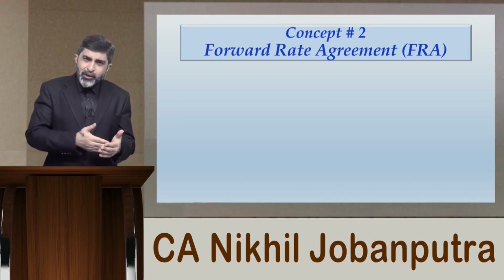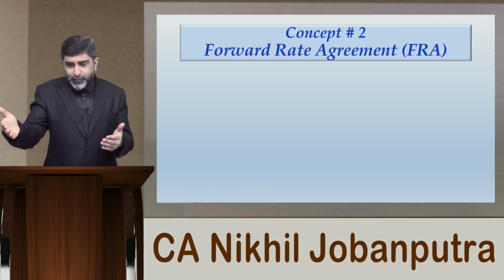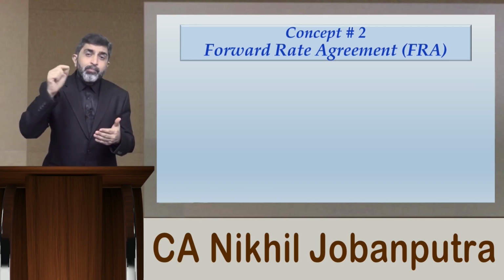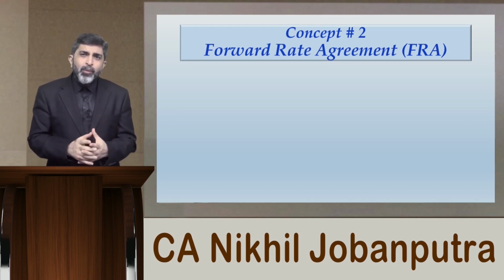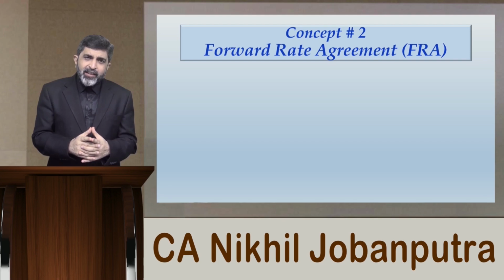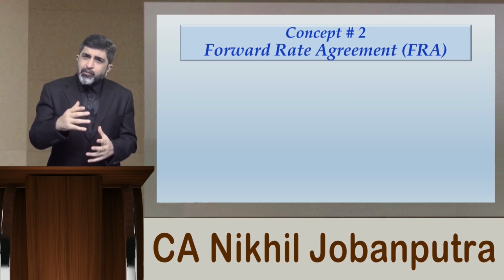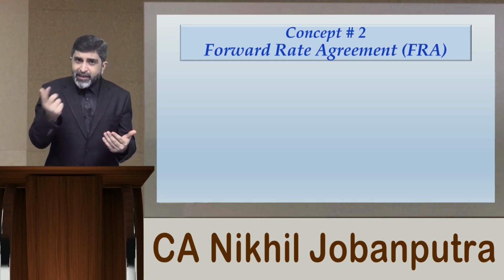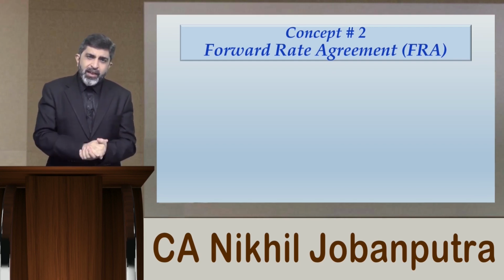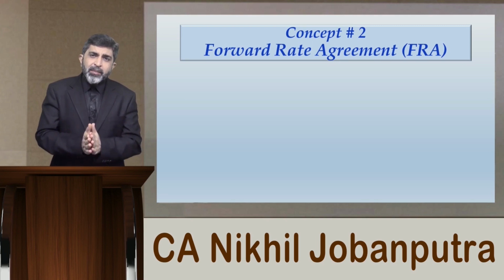It is an agreement to borrow at a future defined date, but at an interest rate which is agreed today. So what happens exactly when you talk about entering into a contract with a bank for borrowing at a later date but fixing an interest rate today? It is typically a forward rate agreement.